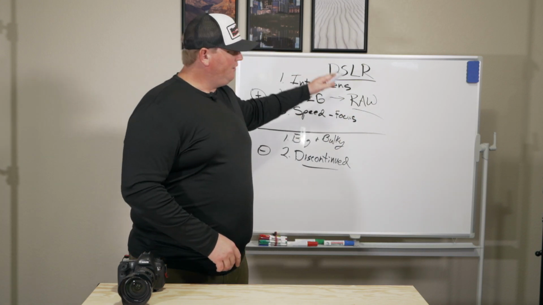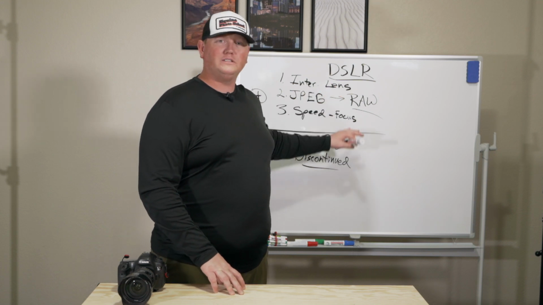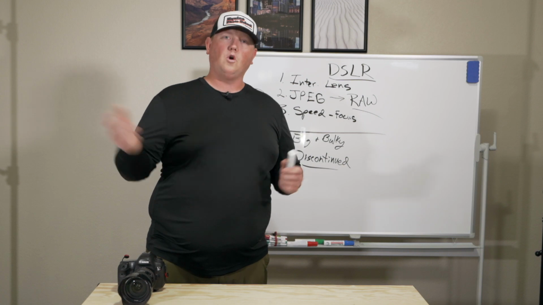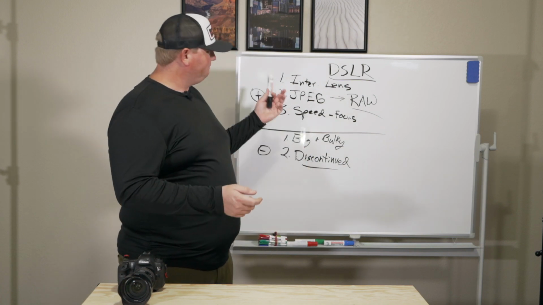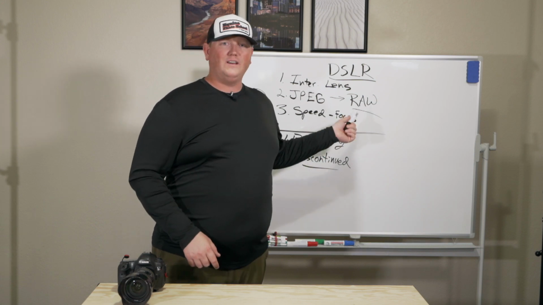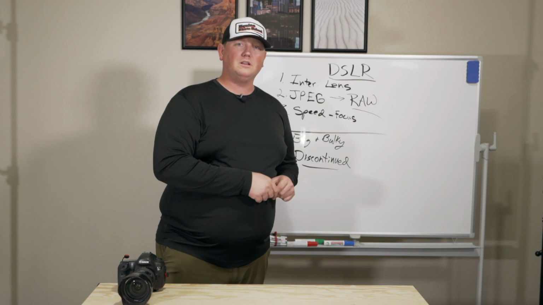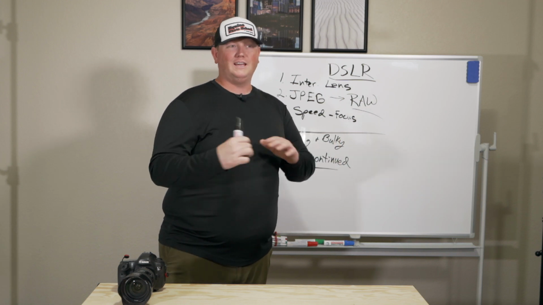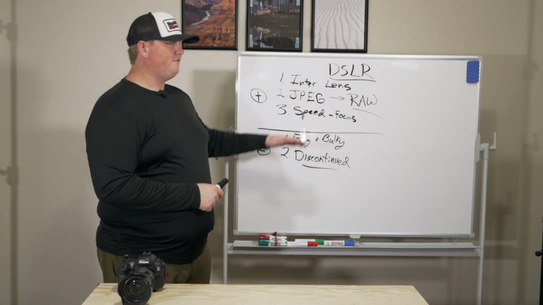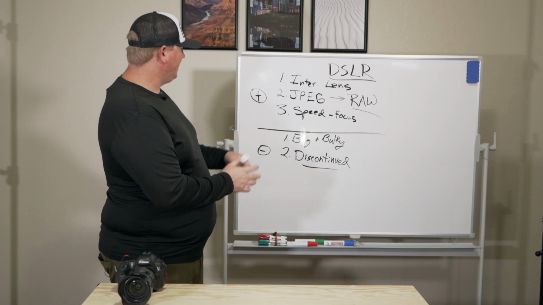If you are like me and you've got tens of thousands of dollars in camera gear, you're not ready to just throw money away, which is why I don't want people to invest heavily in something that's being discontinued. So go with a mirrorless camera. You're going to love it, and you're going to be with that system for a long time, because mirrorless is where the future is going, and the future is, well, now, I guess. So that's it.